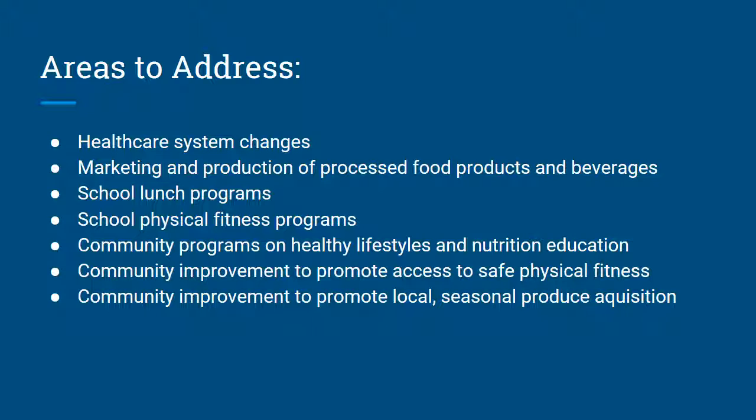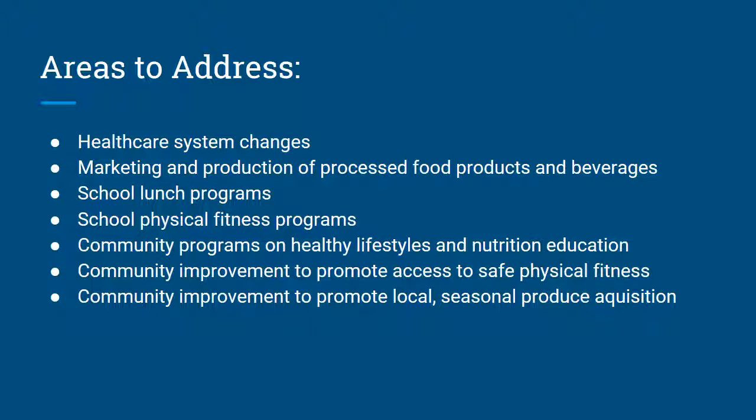Another area to address would be school physical fitness programs and trying to incorporate healthy and physical movement for children of all ages in all schools in the U.S. Another area to address would be looking at community programs and interventions on healthy lifestyles and nutrition education, and promoting healthy lifestyle changes for whole families and children, especially those in the obese population.